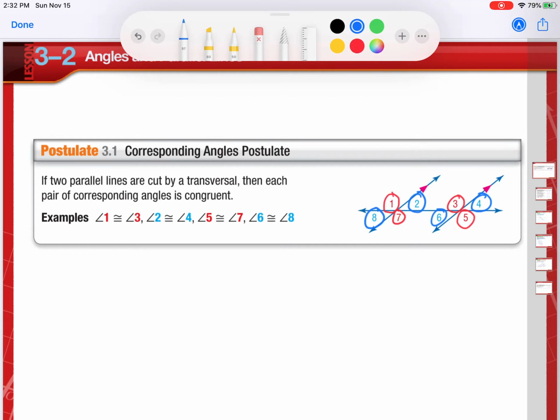And there's going to be a lot of problem-solving problems with this where you're supposed to determine different angle measures or solve for variables. And the important thing to remember in that case is that one of the acute angles and one of the obtuse angles, so one of the blue and one of the red, are always going to add up to equal 180 degrees. And we can tell that based on, if we look at angle 1 and angle 2, they form a linear pair.